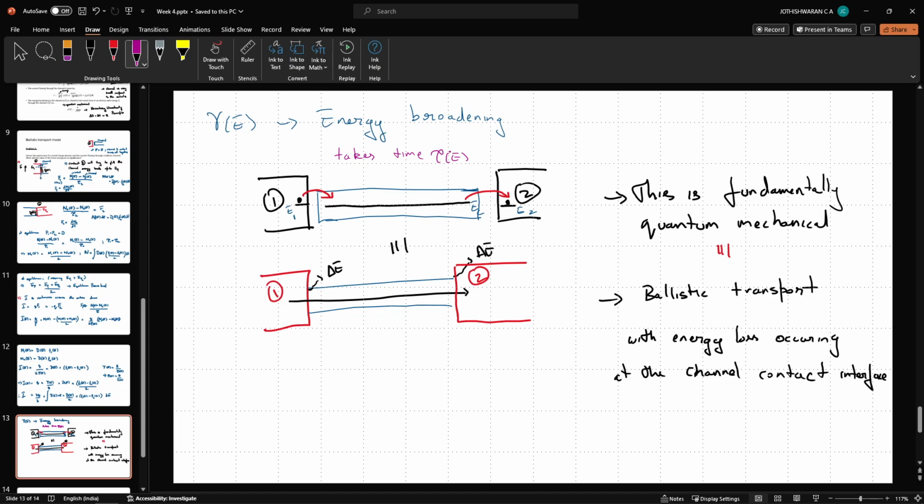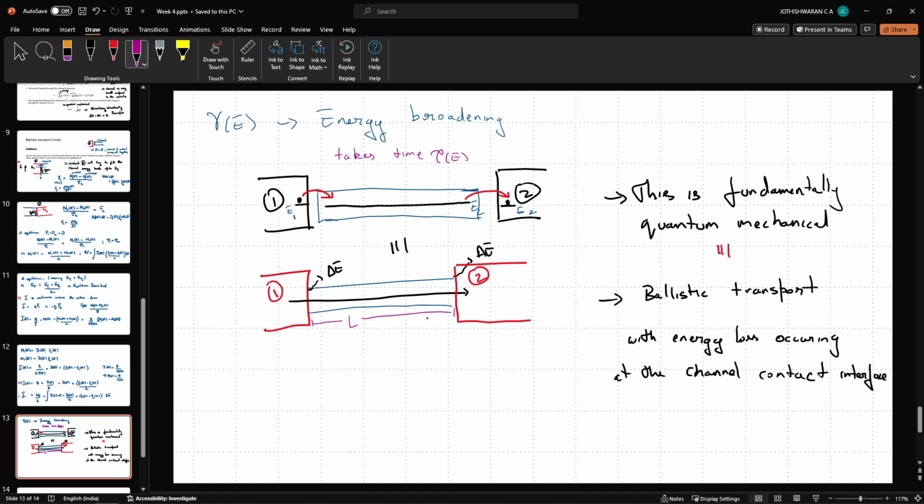In reality, the electron occupies this energy level, and after a certain time it occupies a new energy level. That is all. We cannot understand the motion because it is quantum mechanical. We cannot follow the motion. Again, that is due to the Heisenberg uncertainty principle. Of course, the electron moves from here to there, but we cannot say in what direction it is moving or what velocity it has. But we can equivalently treat this as a particle where it moves with constant velocity across the channel length L.